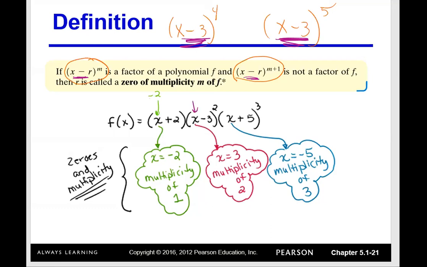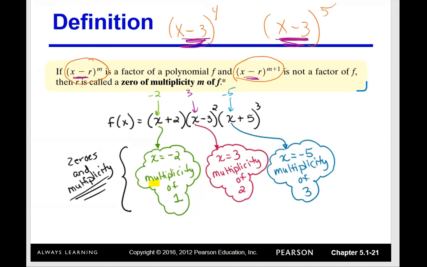Right here, if you were to put a +3, 3 minus 3, that's 0. And right here, if you were to put a -5, -5 plus 5 is 0. Those are your zeros. As far as your multiplicity is concerned, it has to do with the exponents.